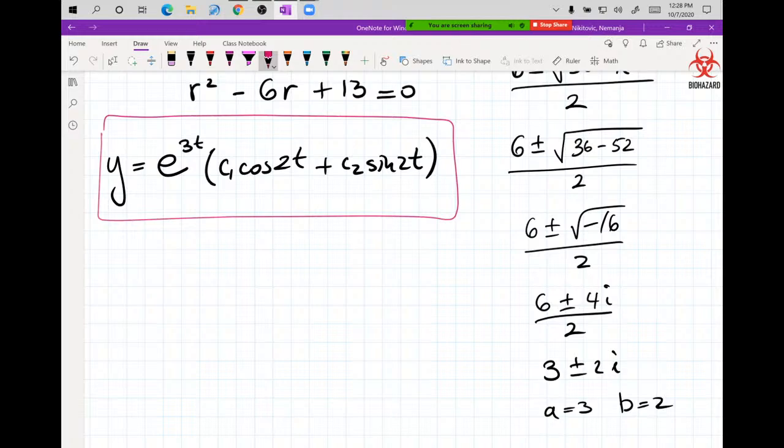So let's find a problem that has initial conditions as well, so we can do that as well. Problems with initial conditions only have 21 through 26.